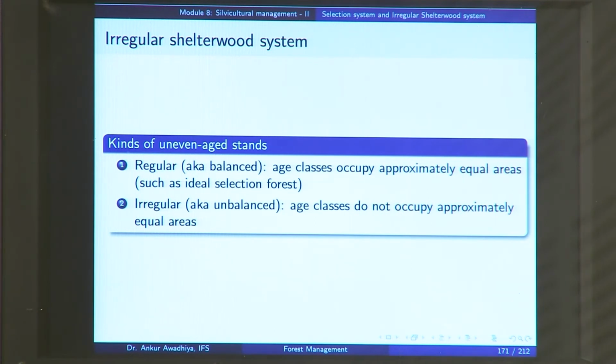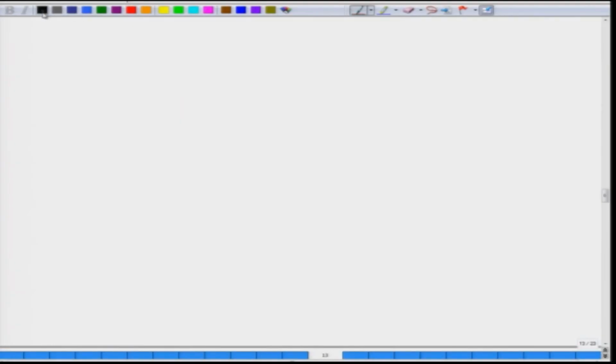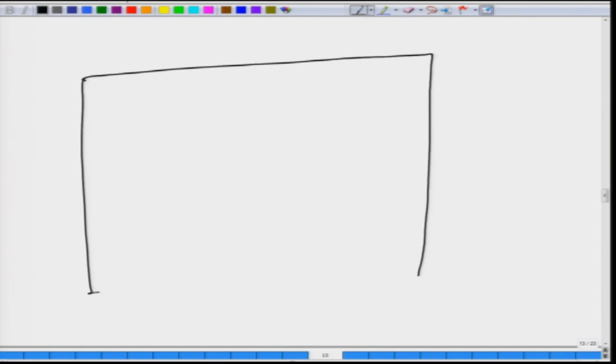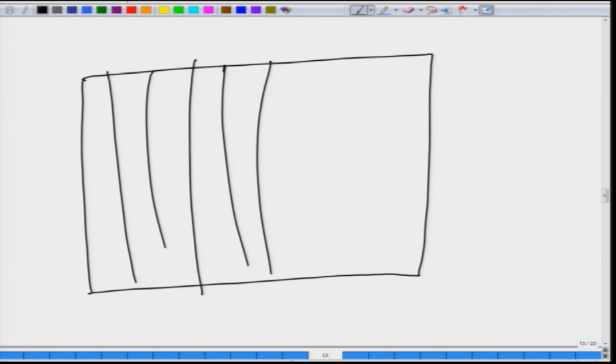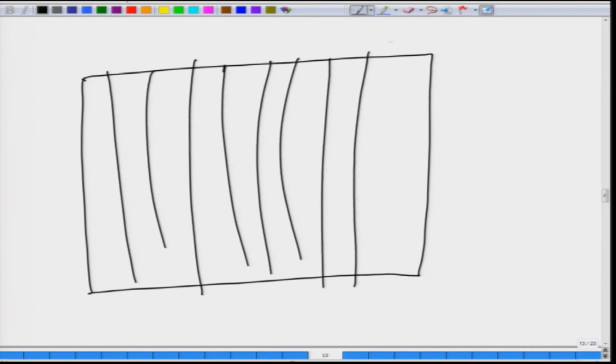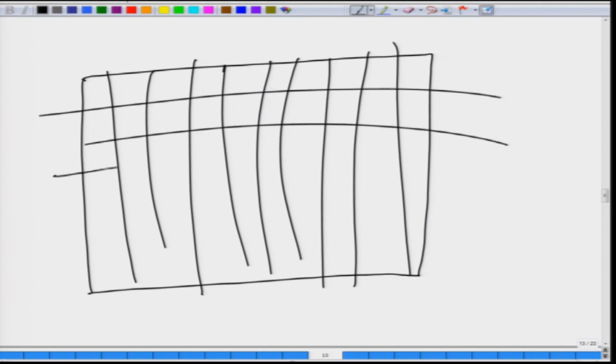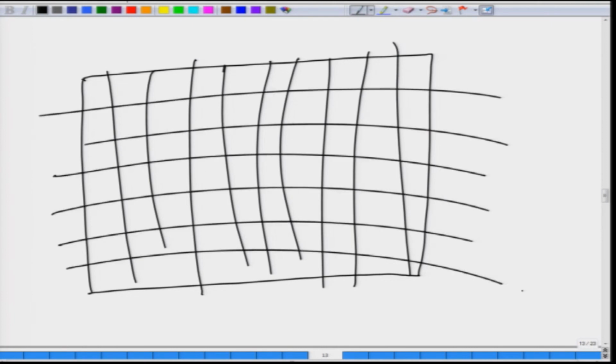So, for instance, if you have a forest, let us divide it into a number of small portions of equal areas. Suppose you divide it into say 100 equal areas, and in each of these areas you raise an even aged crop.